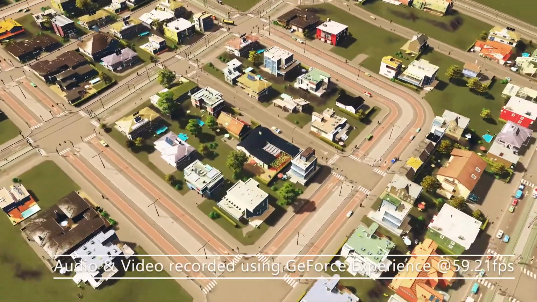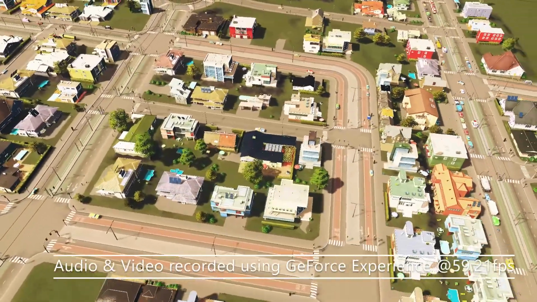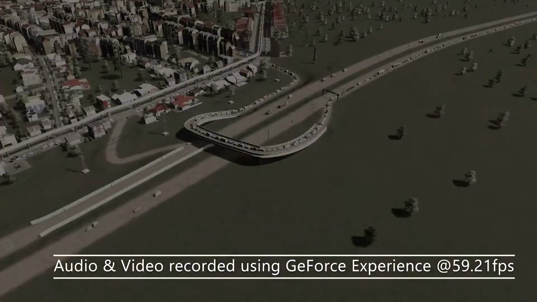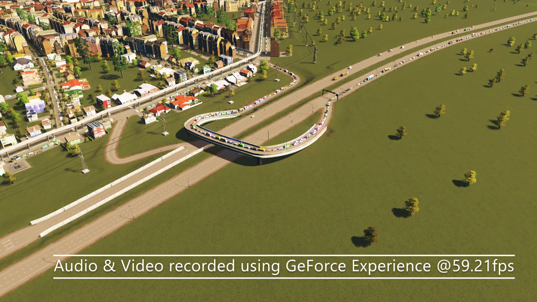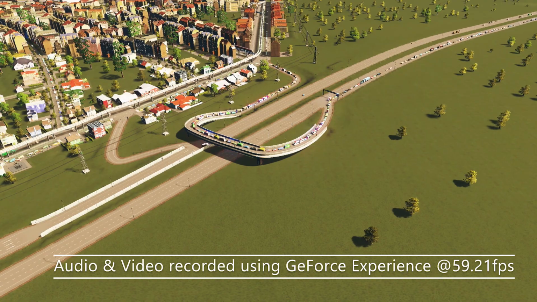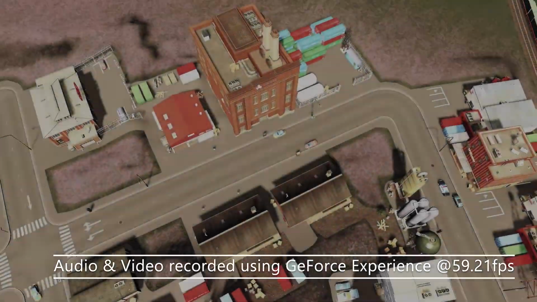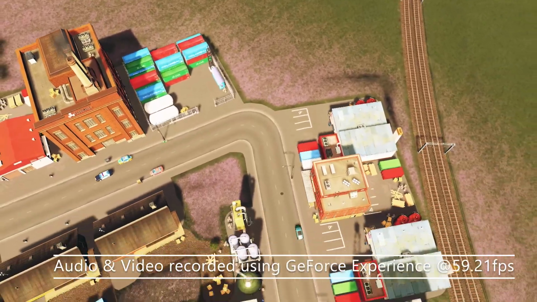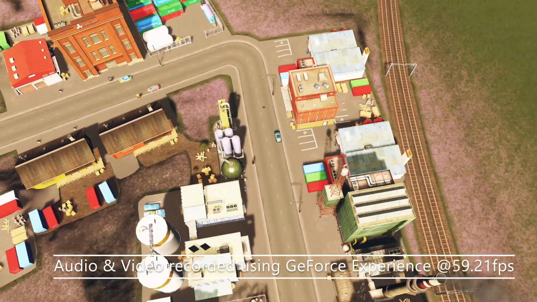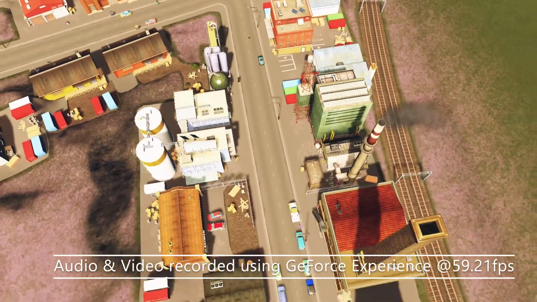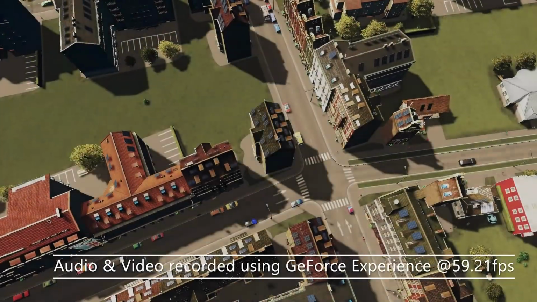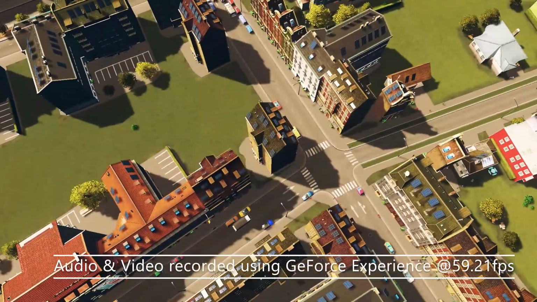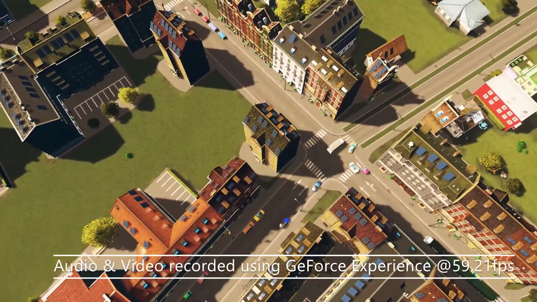But I think it's good enough to do what I want to do with the channel and with Cities Skylines, which is to try to start making a replica of my hometown. It's only a small town, I don't know how many people are in it, but using Google Maps and some Yorkshire tea, as Biffa would say, I am going to give it a shot.